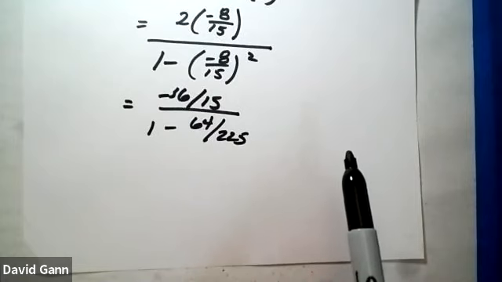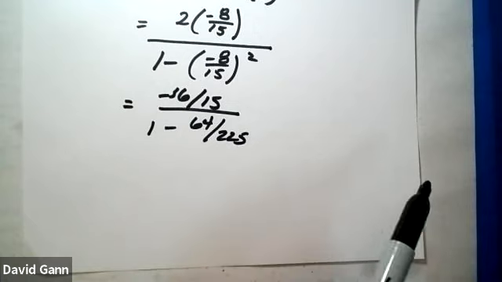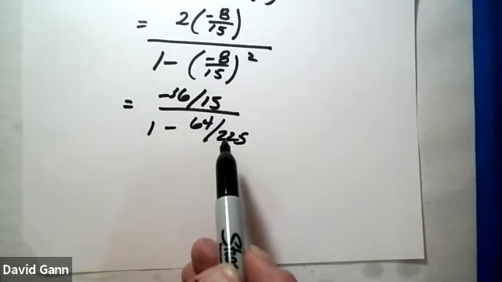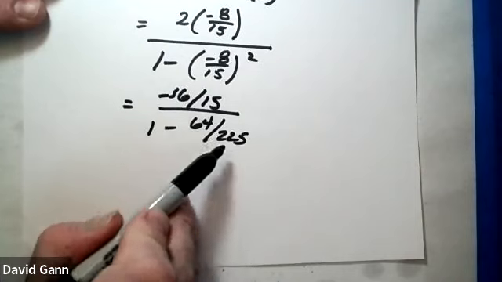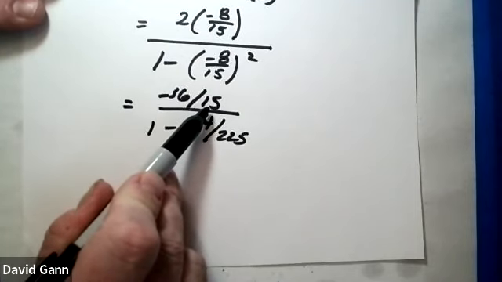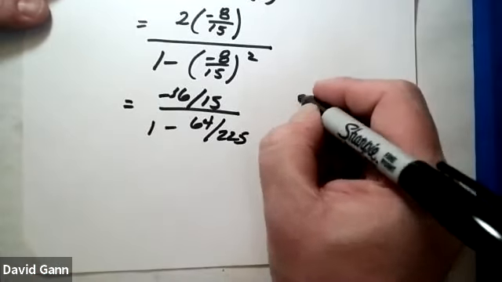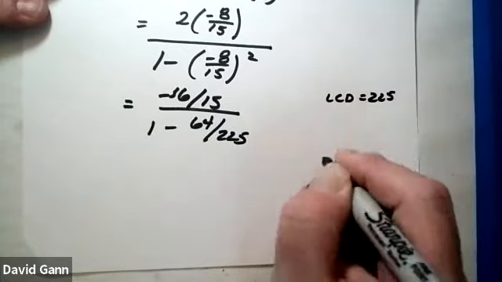Now, at this point, this is a complex fraction, and recall that the best way to sort of kill off these complex fractions is to multiply top and bottom, multiply all terms by the least common denominator of all interior fractions, which happens to be, this is 15, it's one of our denominators, and this is just 15 times 15. So the least common denominator here is 225.